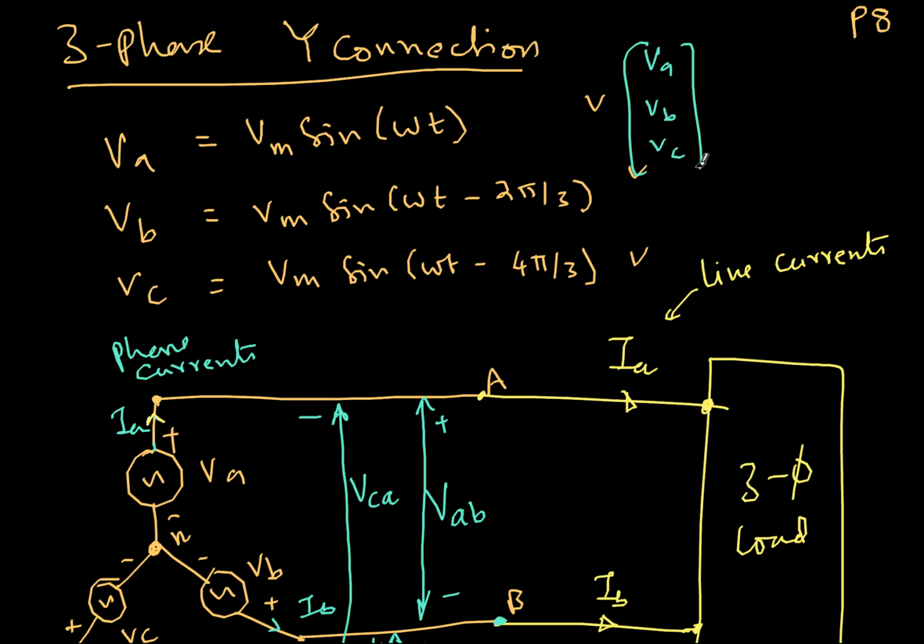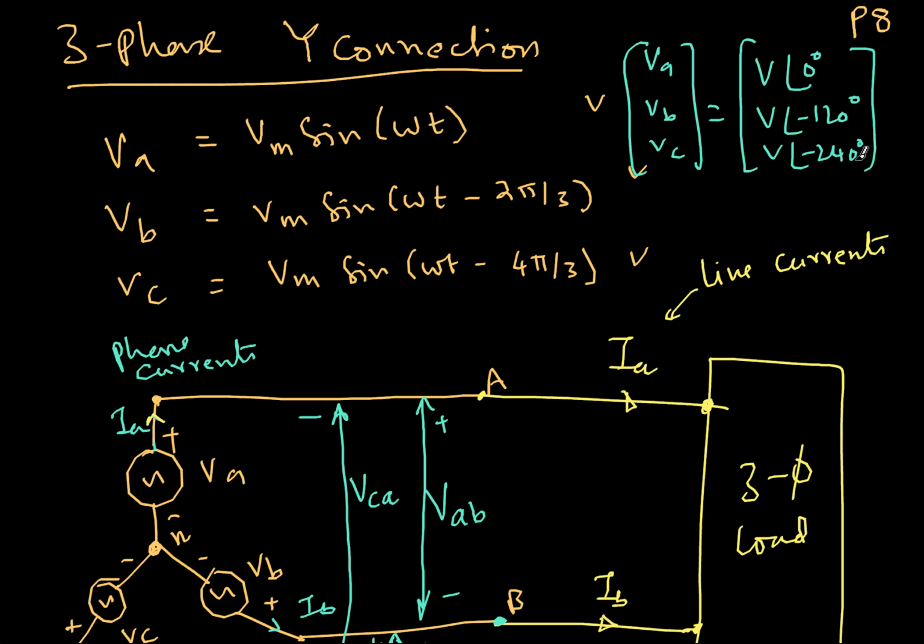If I want to write it in polar form, it's V maximum angle 0 degrees. In fact, I'll be using V RMS here. So let's not confuse: whenever I am representing in polar form, I'll be using RMS, or let's call it V. V angle 0 degrees, V angle minus 120 degrees and V angle minus 240 degrees.